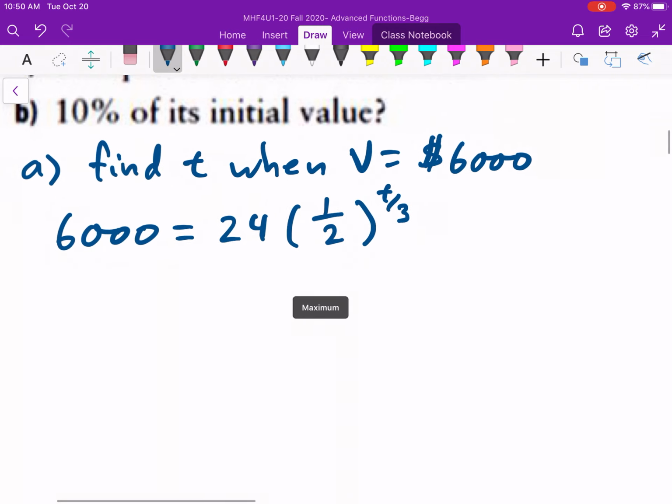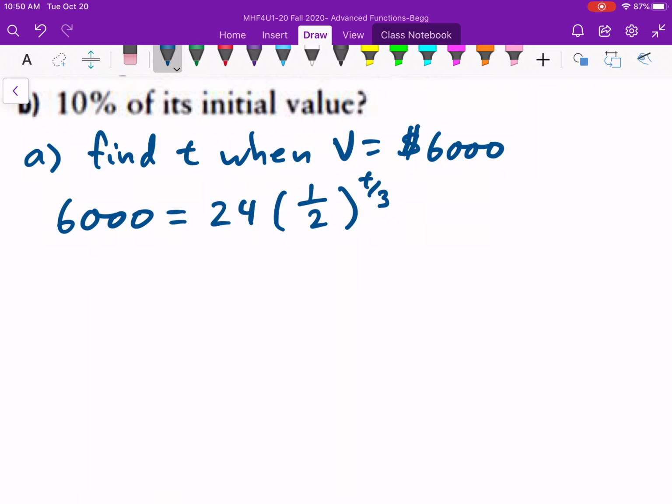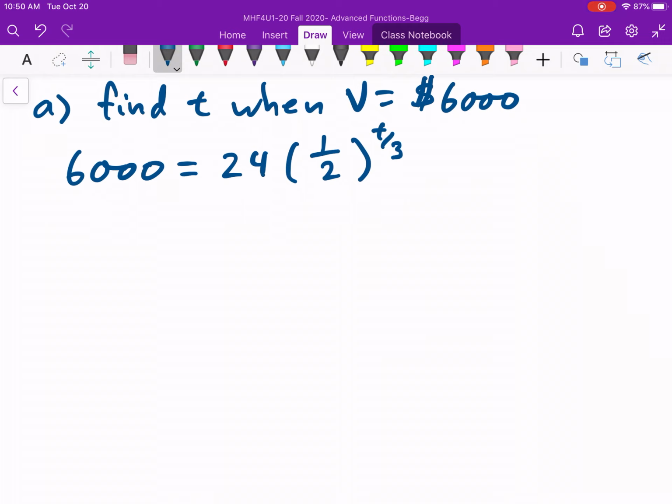Now I want to isolate t, and we've learned so many different things to do with exponents now that I can think of 3 different ways that I can isolate t, just algebraically. That's not even counting using graphs or guess and check. They all, though, involve simplifying a bit first. So this should have been a 24,000, shouldn't it? I should start by isolating and simplifying as much as possible.